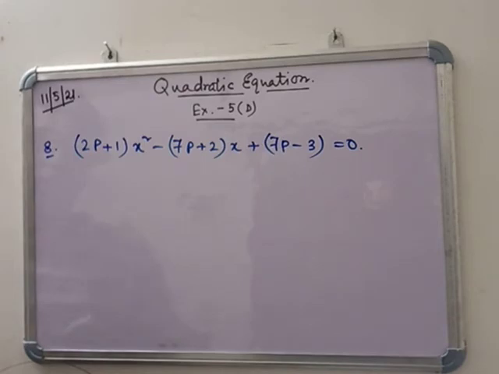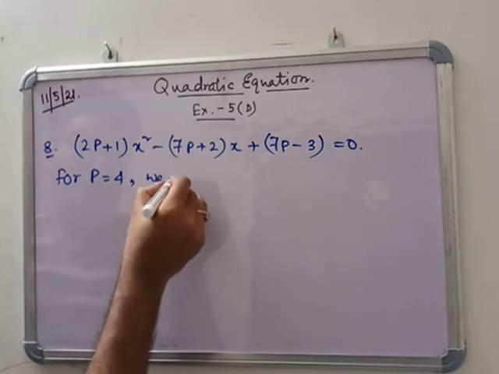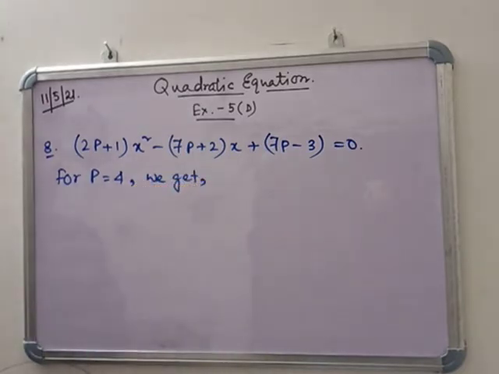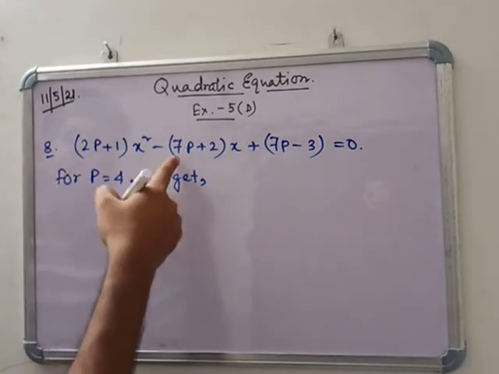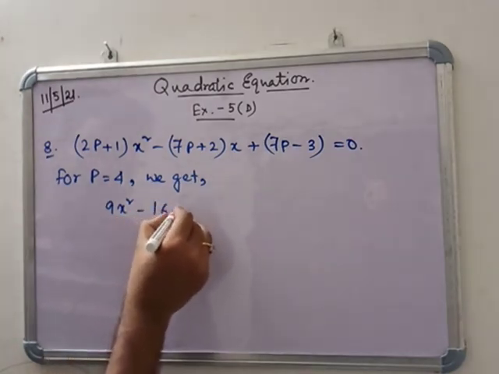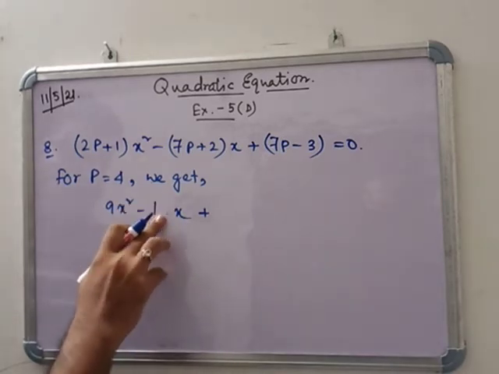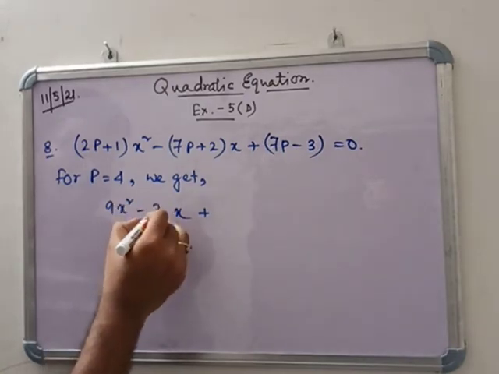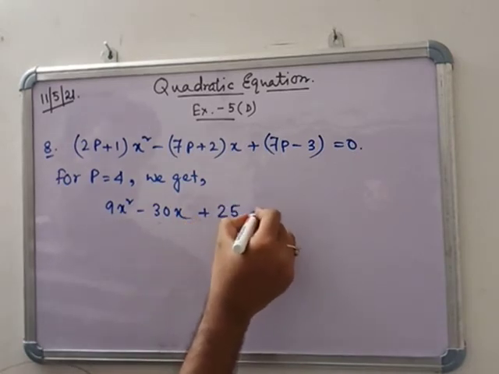For p equals to 4, we get 2 into 4 plus 1, that means 9x square, minus 2 into 7, 14, 14 plus 2, 16, so 16x plus 2 into 7, 14 minus this is 4 means 30, and this is 25 equals to 0.